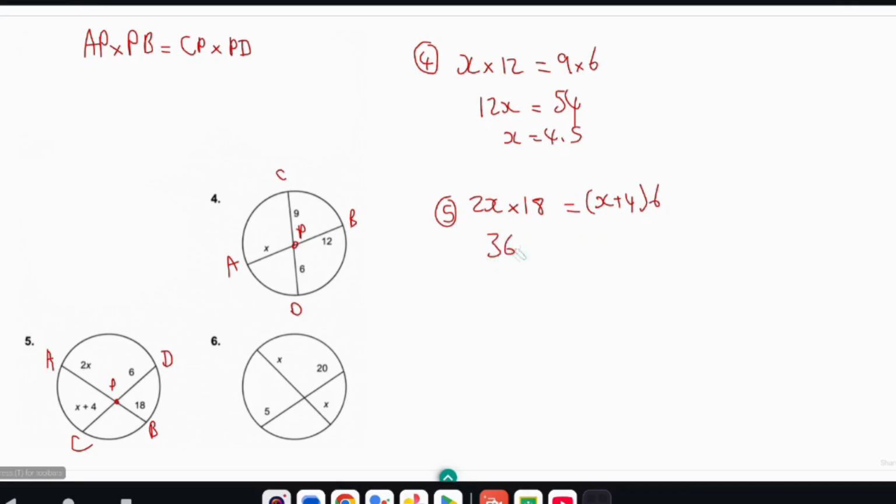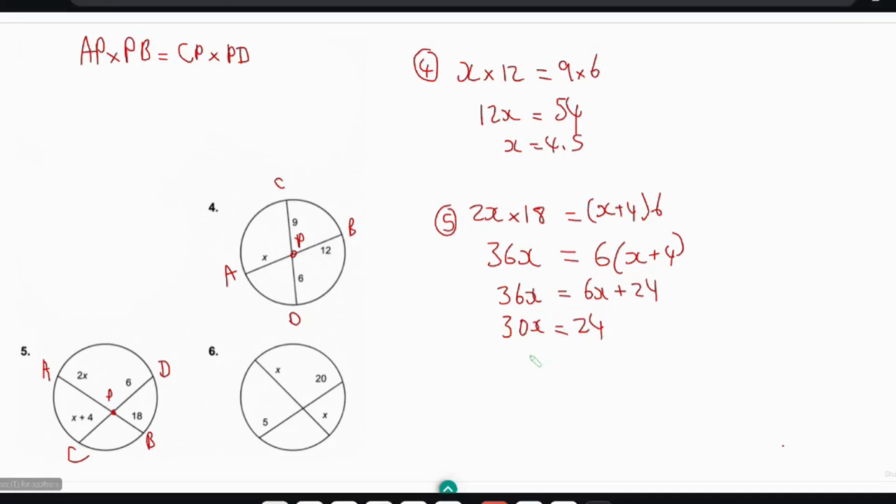So we'd have 36x is equal to 6 bracket x plus 4. Let's just expand the brackets here. Subtract 6x off both sides. Divide both sides by 30. So 24 divided by 30 gives us x 0.8.